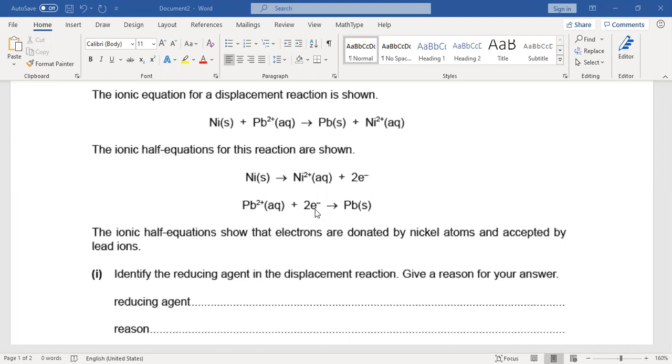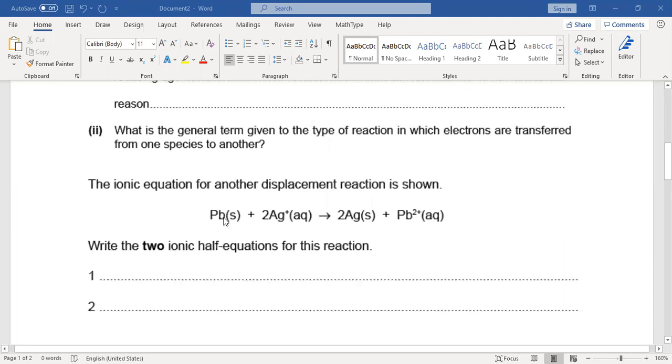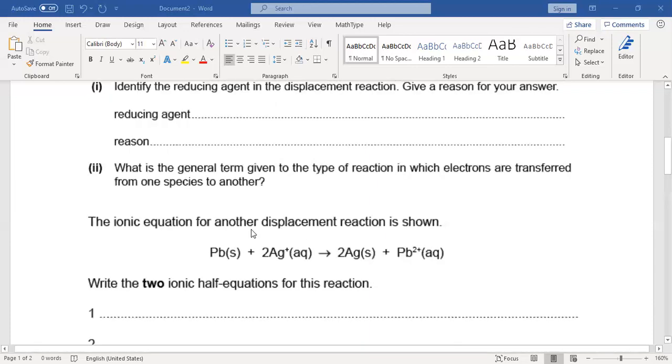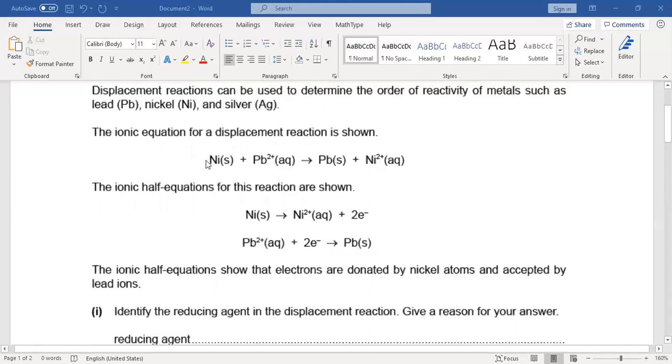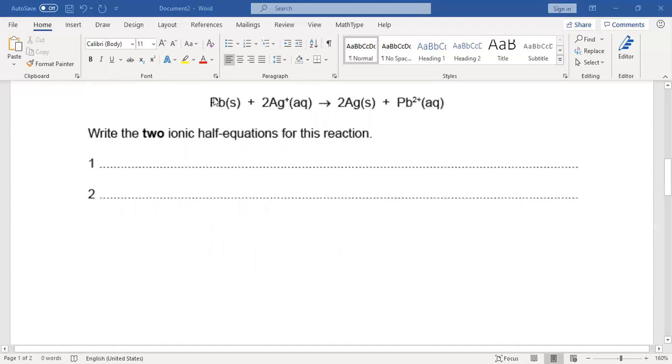And then if we see here, Pb is able to oxidize Ag, so Ag+ is reduced. Ag+ gains electrons from Pb to give Ag. So the stronger one is nickel, because nickel is able to give electrons to Pb2+, and here Pb is able to provide electrons to Ag+.